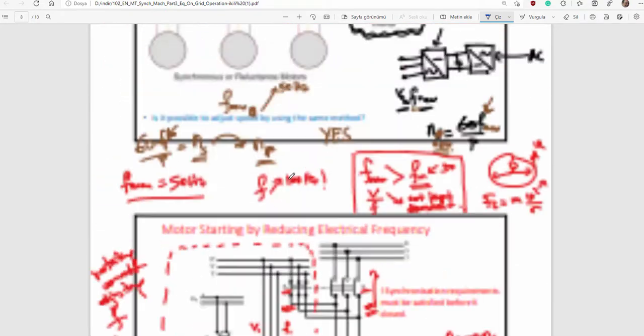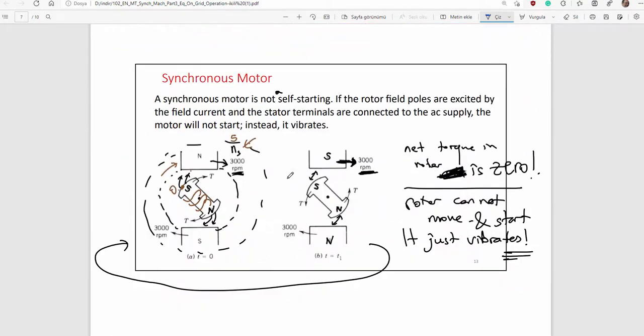Again, come back here. Here's the rotor. You applied DC. There's a magnetic polarization in the rotor. And there is no speed difference between rotor speed and the stator's rotating magnetic field speed. They are approximately close to each other. So, when you apply electric power to the stator, synchronous speed appears and they are locked together suddenly.